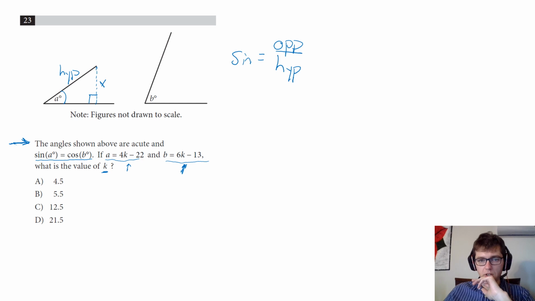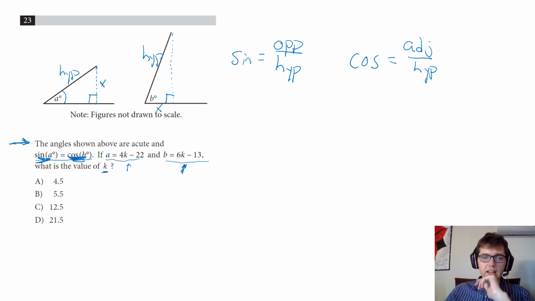Now let's consider cosine. Cosine is equal to adjacent over hypotenuse. So in this case, let's consider this triangle here, where you have adjacent, which we're going to call x, over hypotenuse. Now, what we know is that the sine of A is equal to the cosine of B. And that means basically you can take this picture, flip it, and impose it onto this triangle.